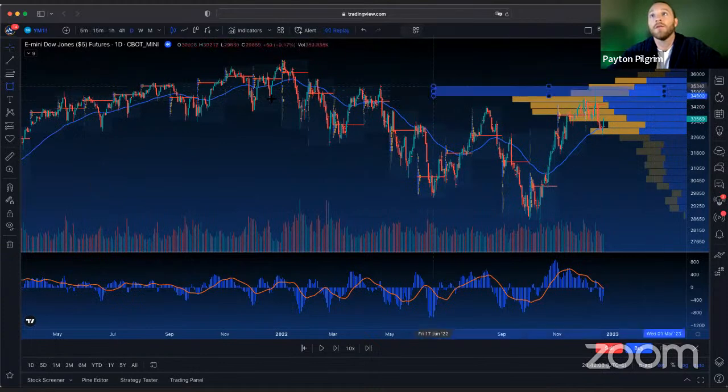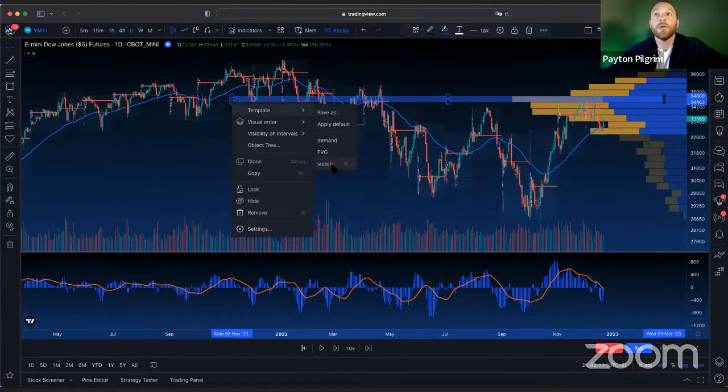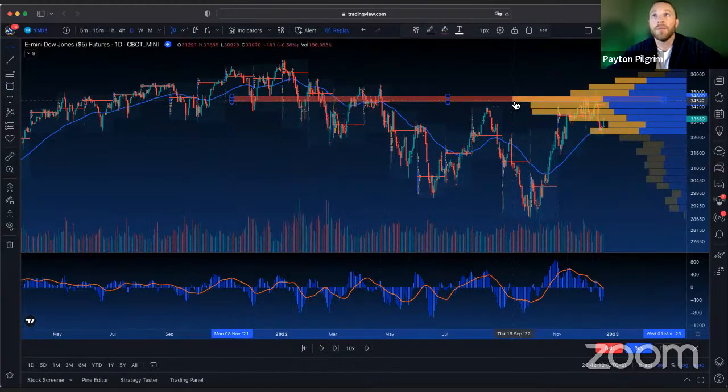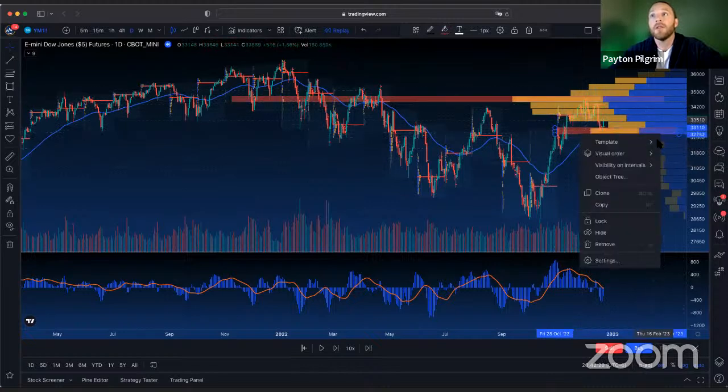So this is a super important area technically on the volume profile. This is the biggest node, as it's called, that's sticking out. And then right here is kind of where it stops. You see the shaded area, how it becomes more shaded here, less shaded there. That is where 70% of the volume is sitting.